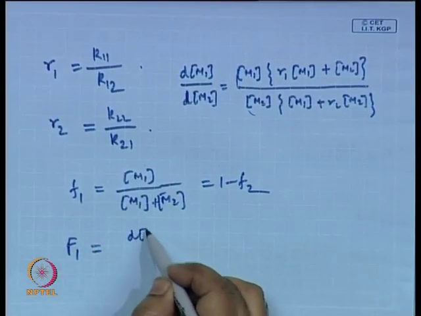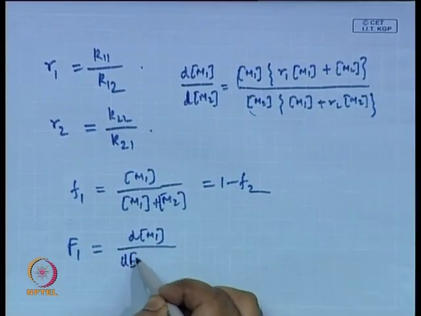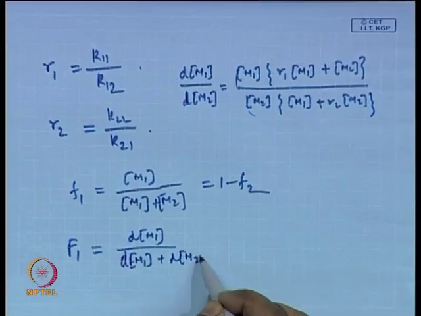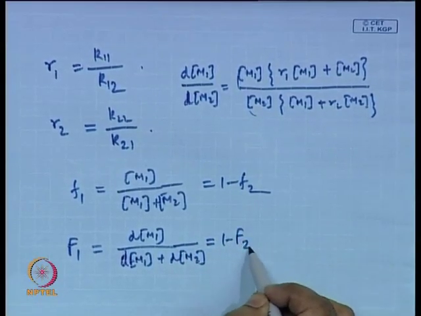So, we can write dM1 plus dM2, 1 minus f2.